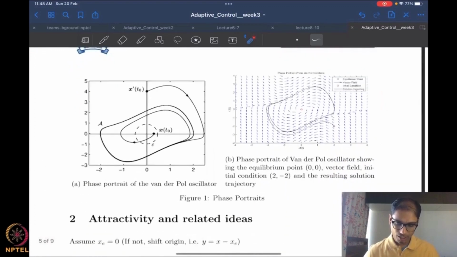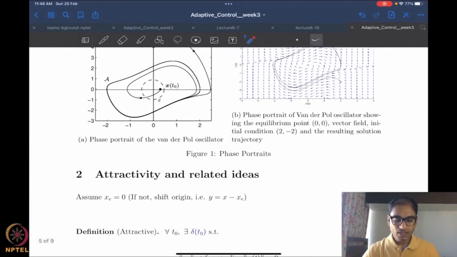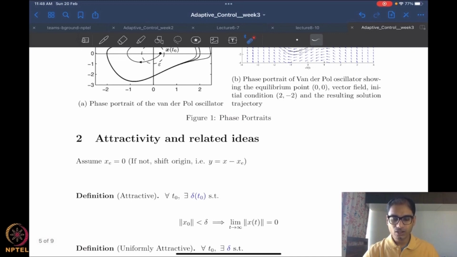Okay, great. So now that we have a decent handle on what is stability and uniform stability, we want to look at additional properties that the dynamical system might possess. We've already seen in this Barbalat's lemma analysis that we are very interested in convergence.